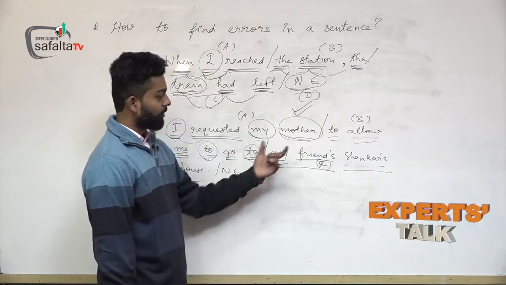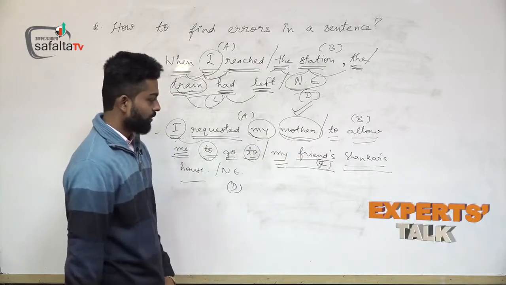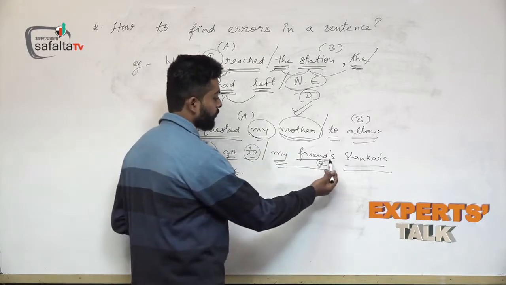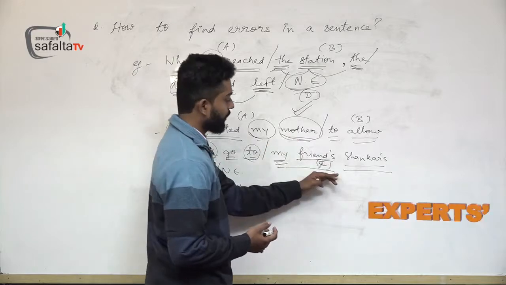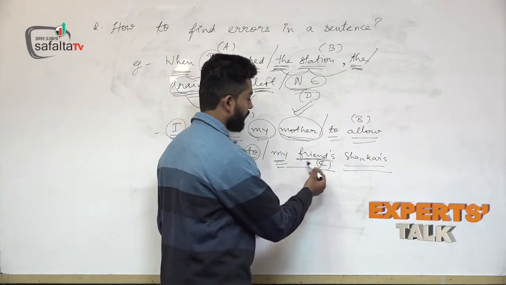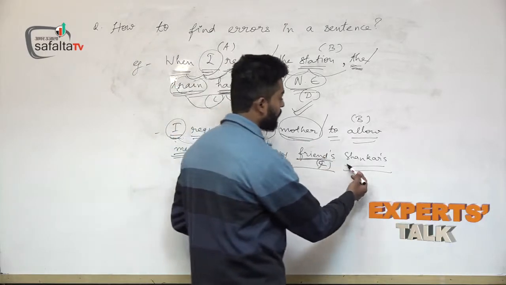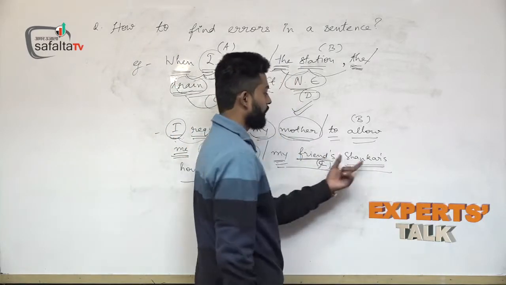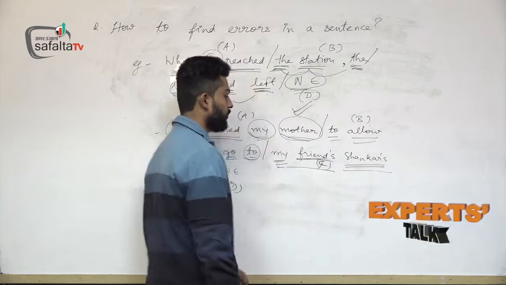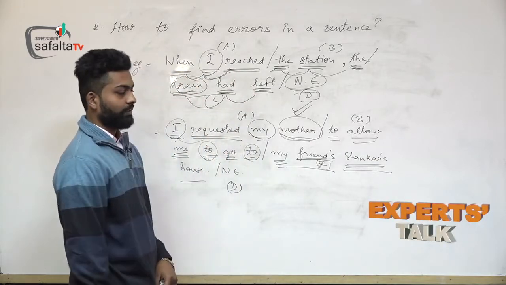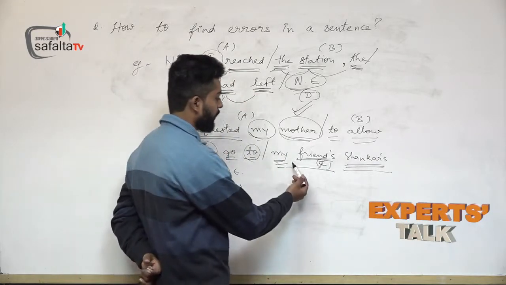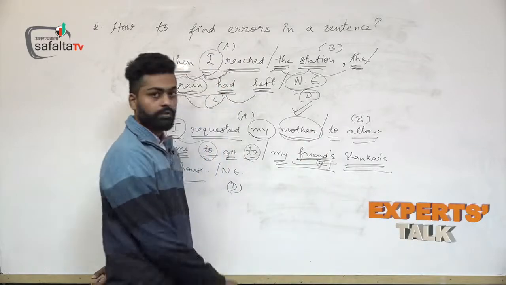Are both the words correct? According to my, friend is used. Now there is apostrophe s for friend, that is, friend's. Then the name of the friend is given, that is Shankar, and after Shankar apostrophe s is used. But is there any need of apostrophe s with friend?